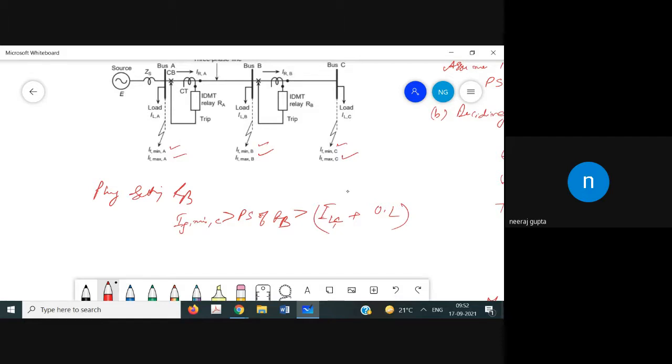And TMS can be set as 0.1, which we have already discussed. These are some points.